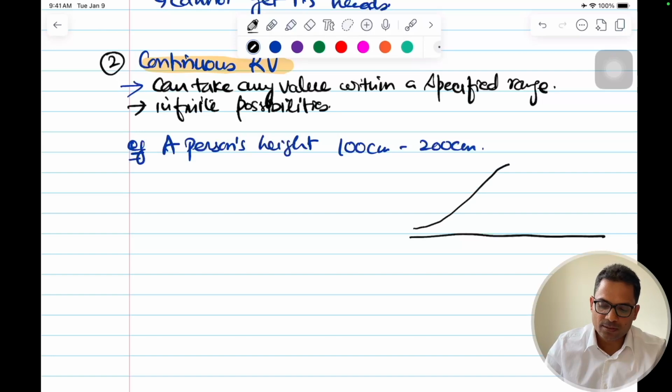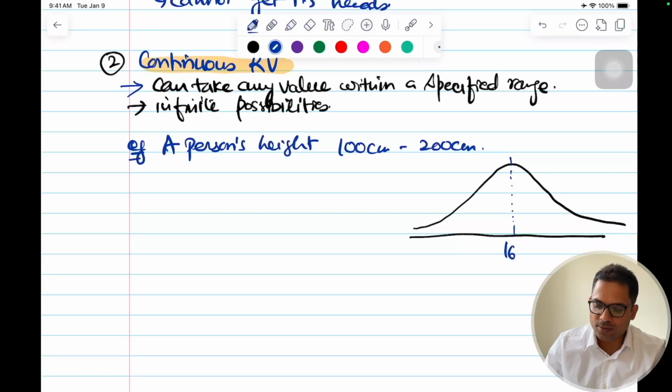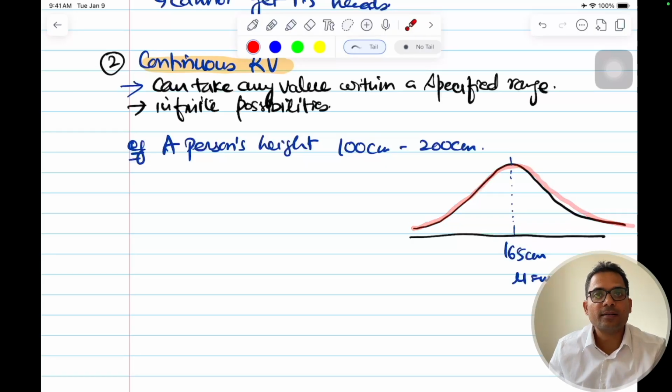Depending upon the country, there will be some average height, the mean height mu. Most of the people will have this height, and there's a possibility of finding any height.